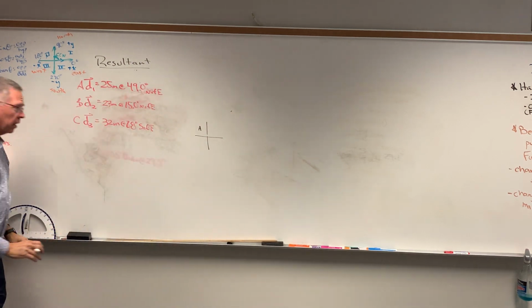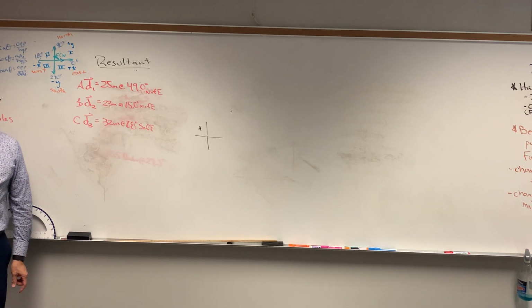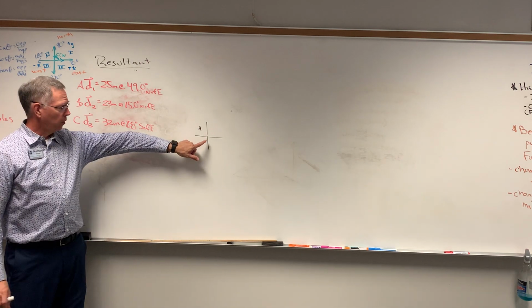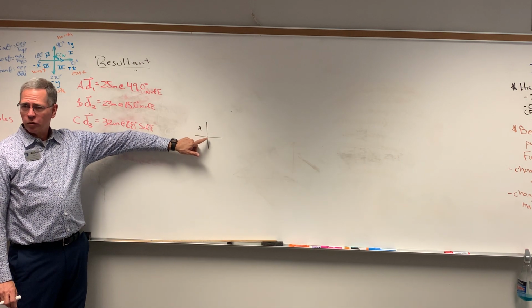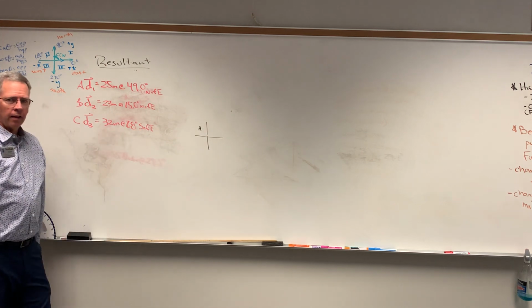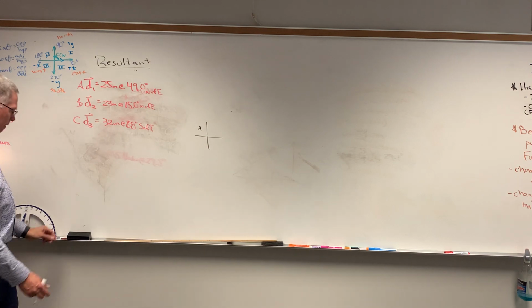Does anyone need any help using a protractor? You know where the 0 mark is? You know how to set it down and measure the angles? I don't know your protractor skills, so if you need some help, let me know.